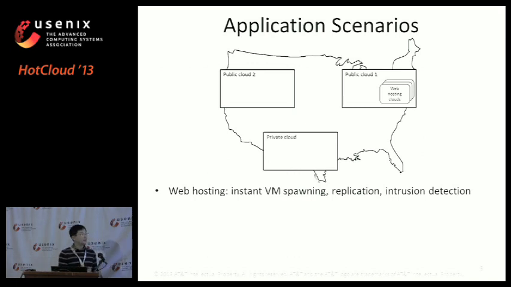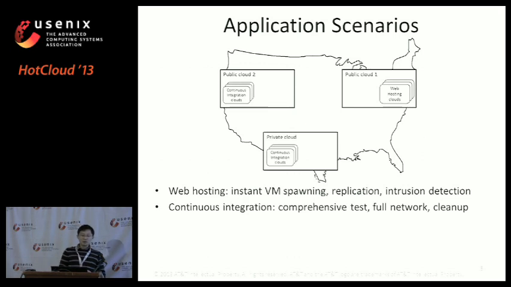You can selectively enable hypervisor features like instant VM spawning, replication for high availability, intrusion detection by customizing DOM0 firewall rules, etc. And you can even optimize each of your web hosting clouds based on the workload characteristics of your website.